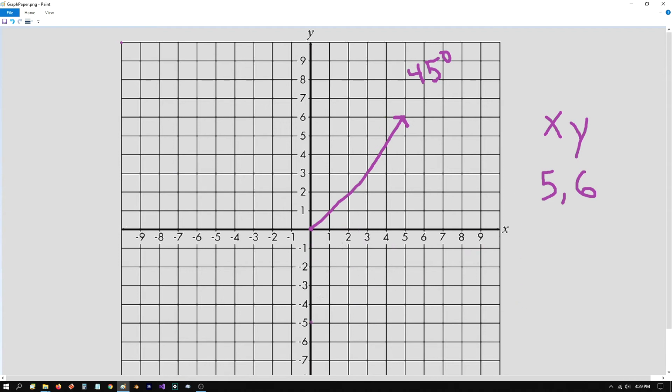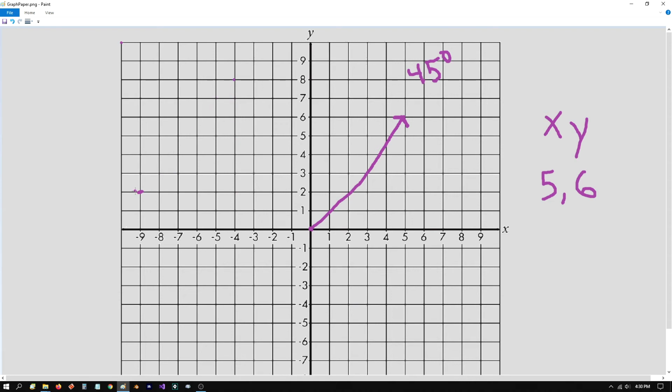Now, I want you to know that vectors are always assumed to be drawn from a 0, 0 origin point, but that doesn't mean they need to be in this location to be the same. I could go over here and start here. Now our vector goes 5 along the x-axis, so I could go 1, 2, 3, 4, 5, and then I could go up 6: 1, 2, 3, 4, 5, 6, right here.